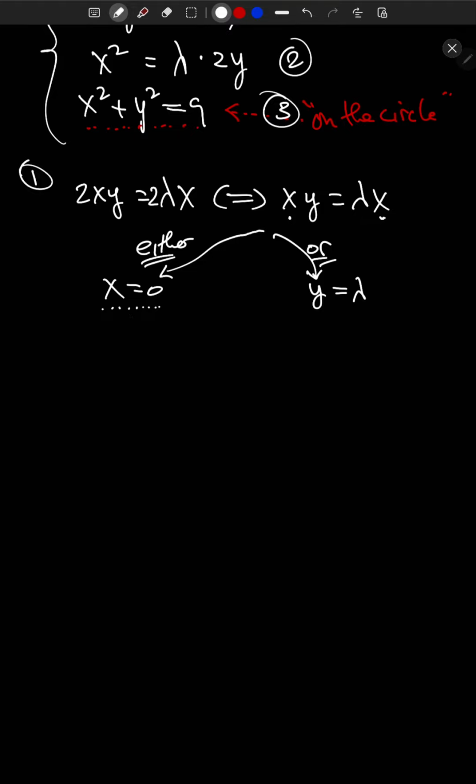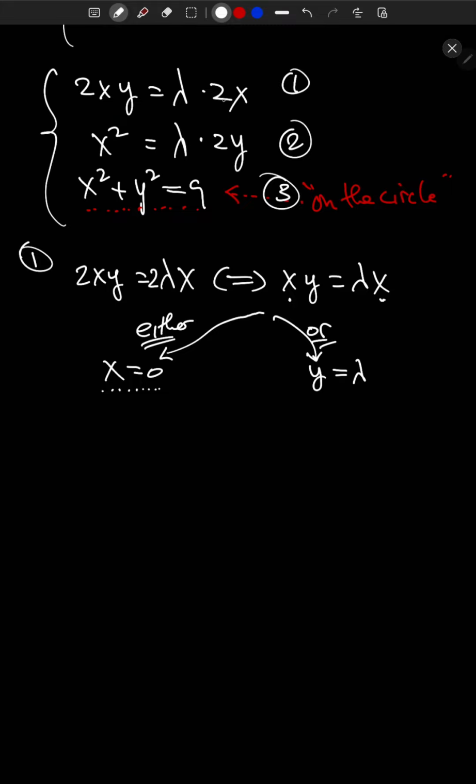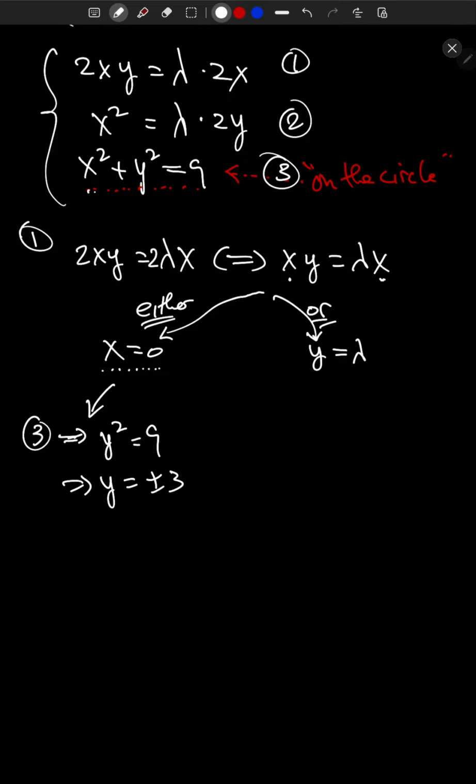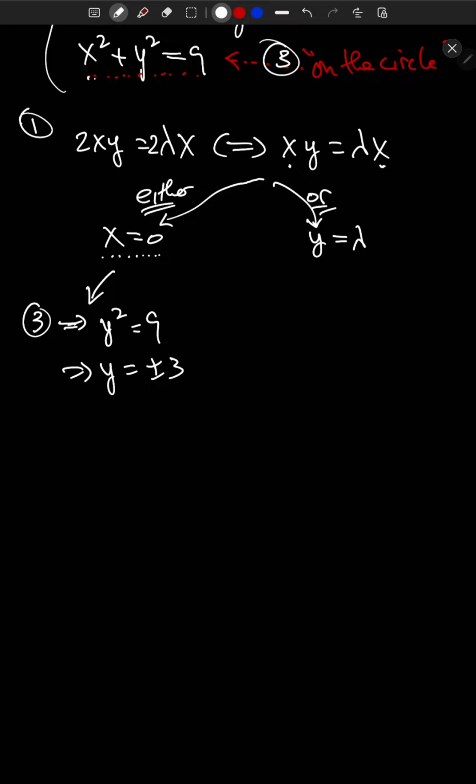If x were 0, then we look back at our equations, and we can see equation 3 tells me y squared equals 9, all right? Which tells me y is equal to plus or minus 3, right? Which means I have 2 candidates from this portion of the problem. So I've got the candidates (0, 3) and (0, -3), all right?